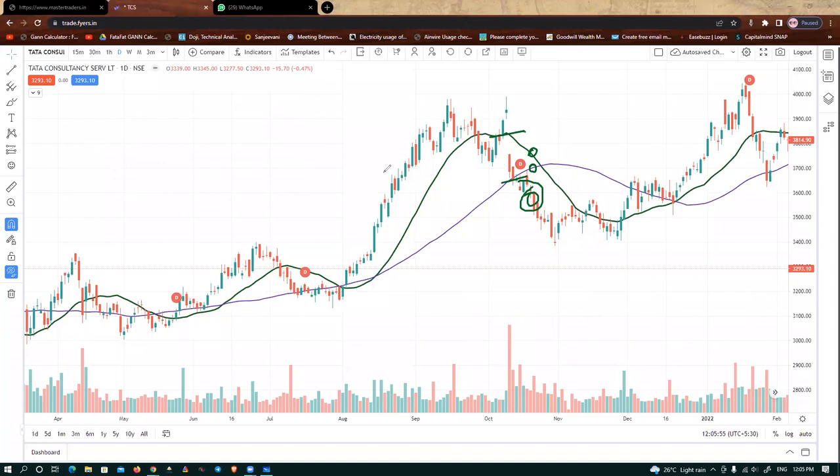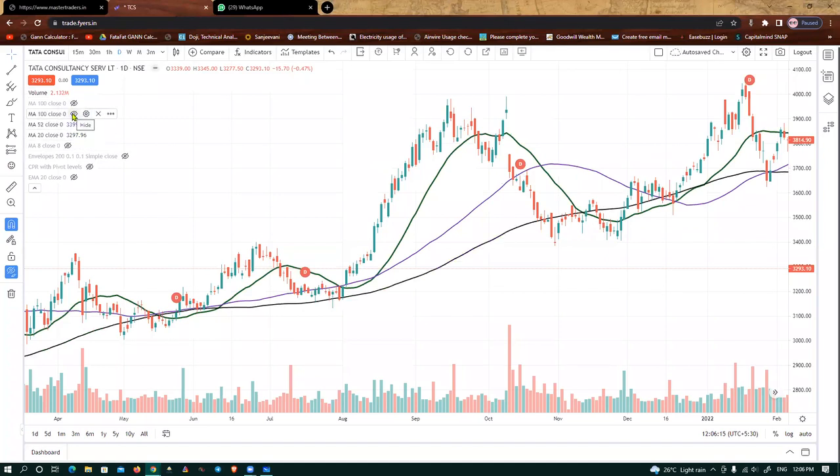It is intermediate, sideways. Now I will plot the 100 and also the 200.